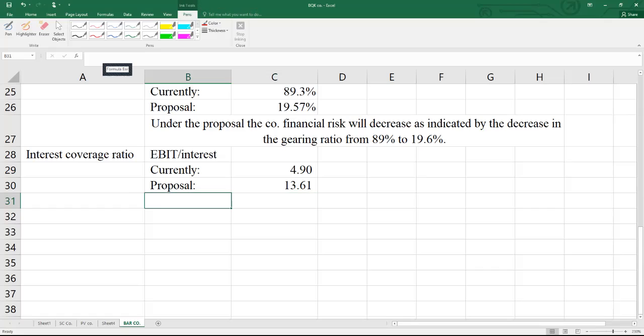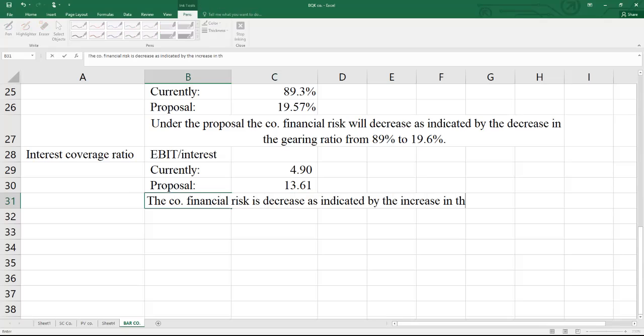The company's financial risk is decreasing, as indicated by the increase in the interest coverage ratio from 4.9 times to 13.61 times.